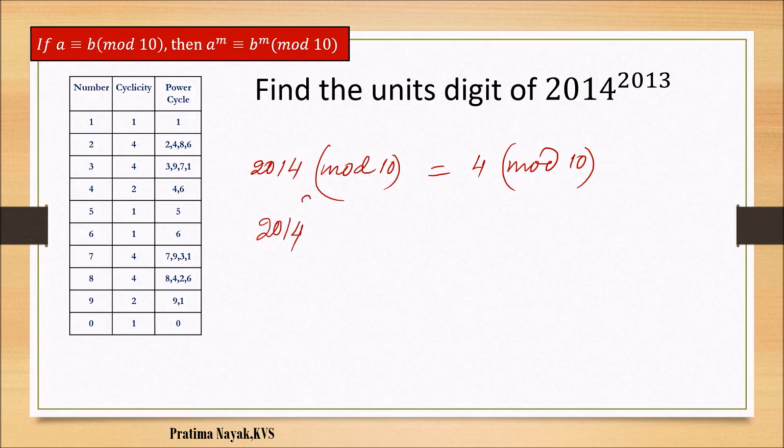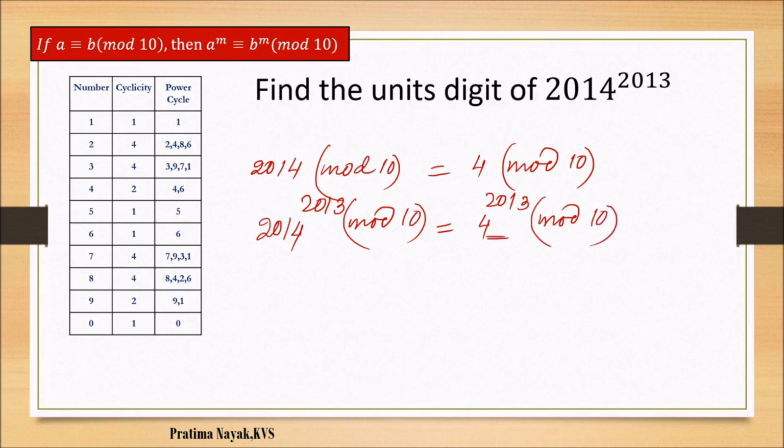Once you understood, without writing all the steps, you can find the shortcut way also. It will be 4 to the power 2013 modulo 10.